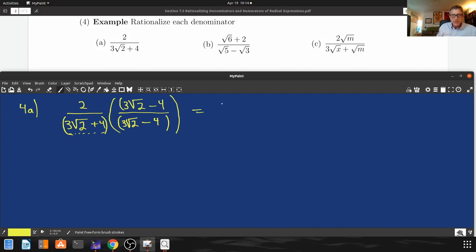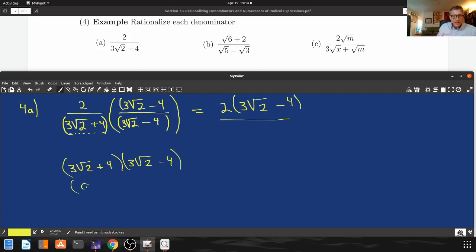So the end result is going to be 2 times 3 on the square root of 2 minus 4 over, let's come down here, this is 3 on the square root of 2 plus 4 times 3 on the square root of 2 minus 4.